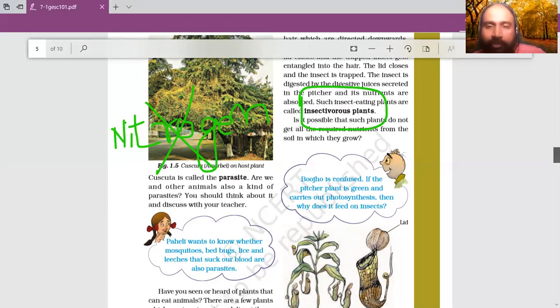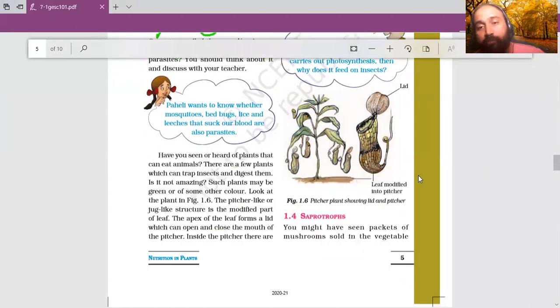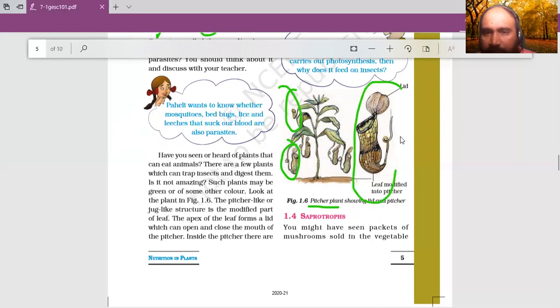Okay. So here we have a picture of the pitcher plant. Spelling of pitcher is here, pitcher plant. You can see here at the leaf end, they have a very strange structure. Now this structure is magnified here.